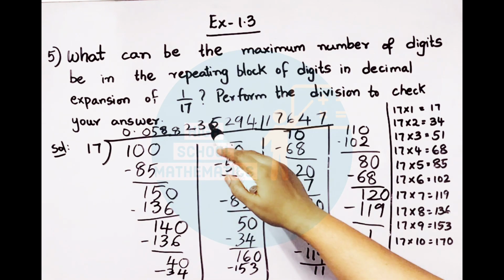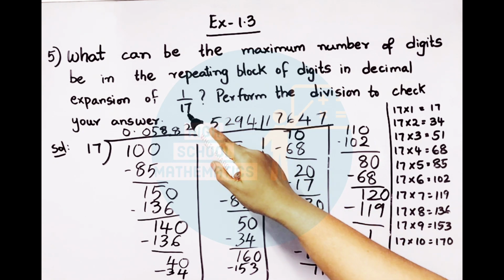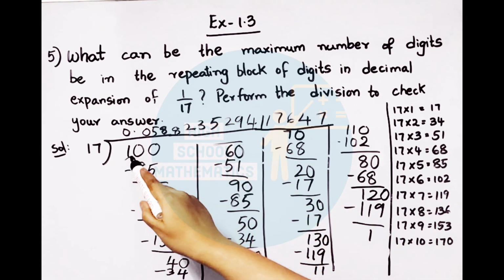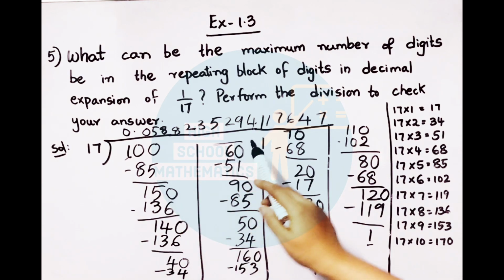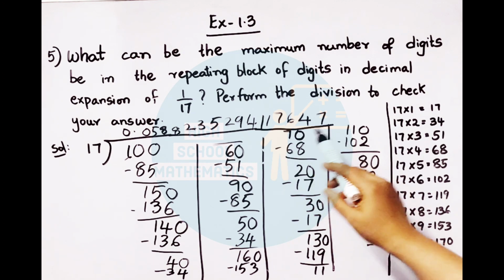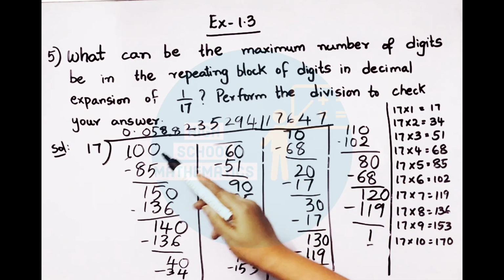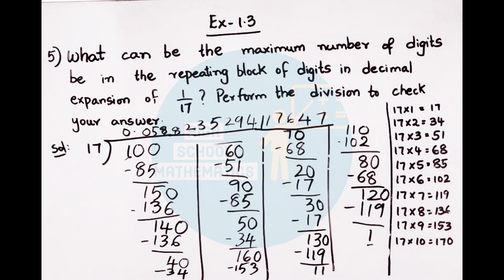Why? Because in the question also it is 1 by 17, so the first digit is 1 only. Again we got the same number 1 here, so this number is going to repeat again. So we are going to stop the division here. Therefore, the decimal expansion of 1 by 17 repeats after 16 digits.